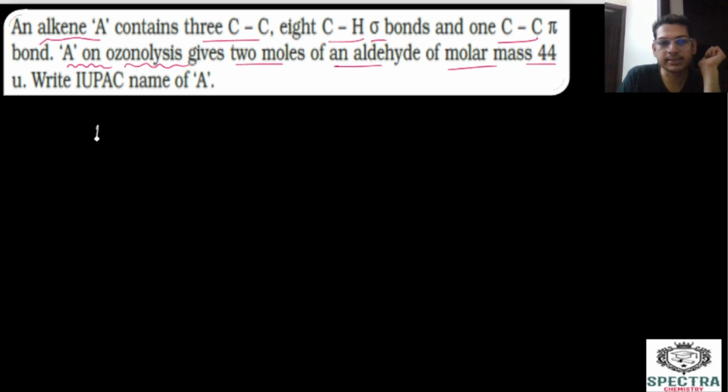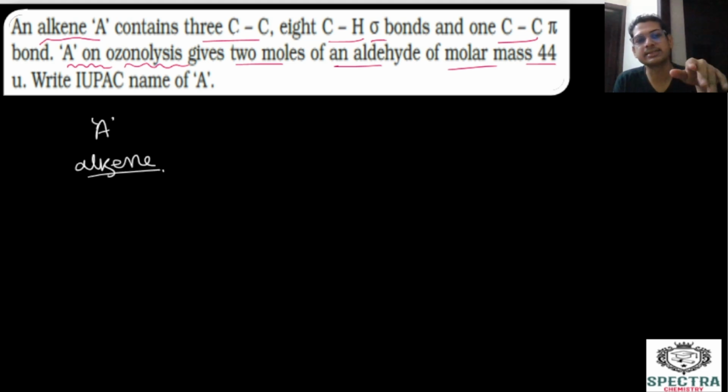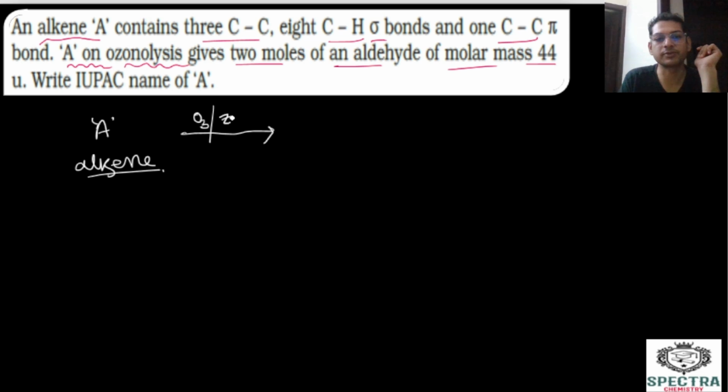So I got an alkene, and you are doing ozonolysis. So, sir, I am doing ozonolysis means I am using O3 and Zn/H2O. Yes, you are doing this, it is called reductive ozonolysis.